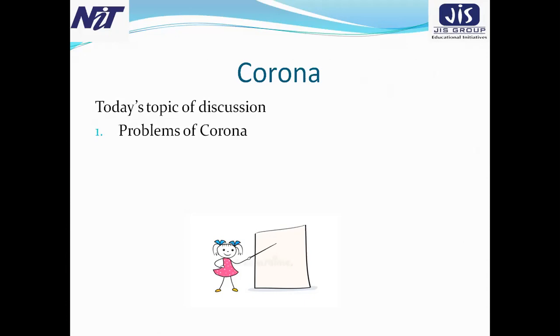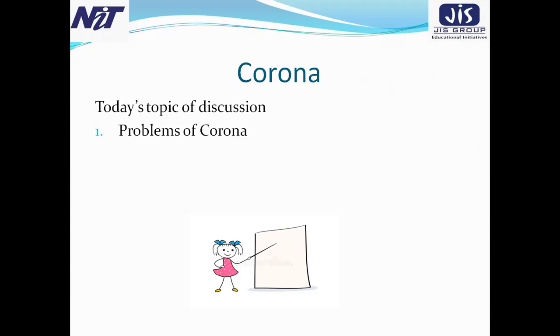In the first one, we covered the method of corona formation and different types of voltage. In the second lecture, we talked about the reduction methods of corona, and the advantages and disadvantages of corona. So please go through those previous 2 lectures. That will be very helpful for all of you.